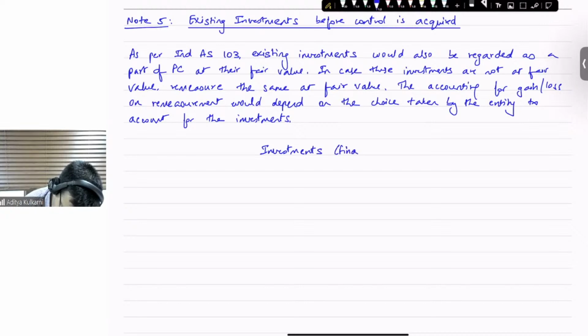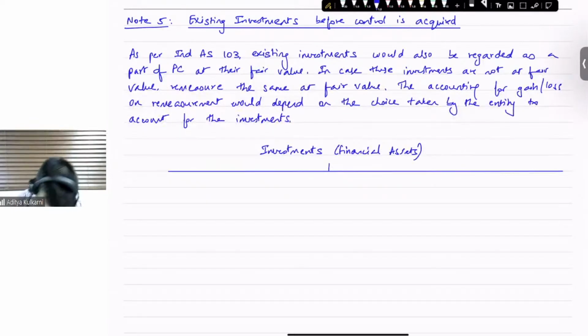Basically, these are equity instruments, so they would be nothing but financial assets. So in terms of the Ind AS regime, we are having three options, broadly speaking.